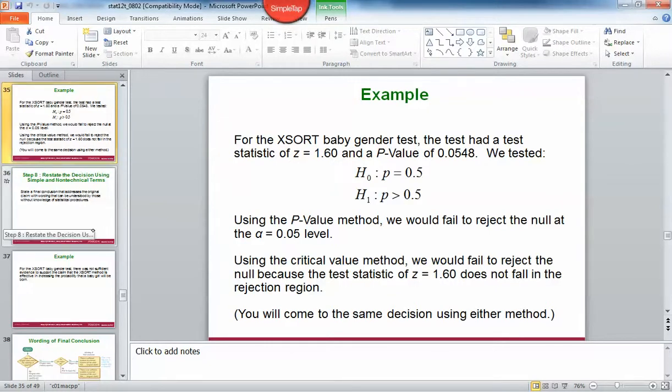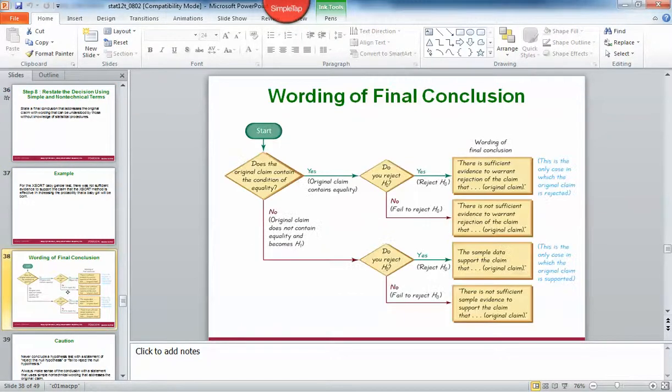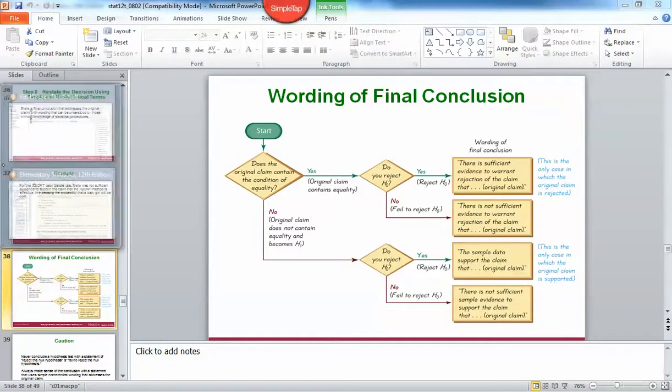Now, how do we actually word what we get? There's a table somewhat similar to this that you want to make sure that you can find in your textbook. Because some of your homework problems, the very last part, if it's like A through D or A through E, it's going to say, how would you word the conclusion in non-technical terms?